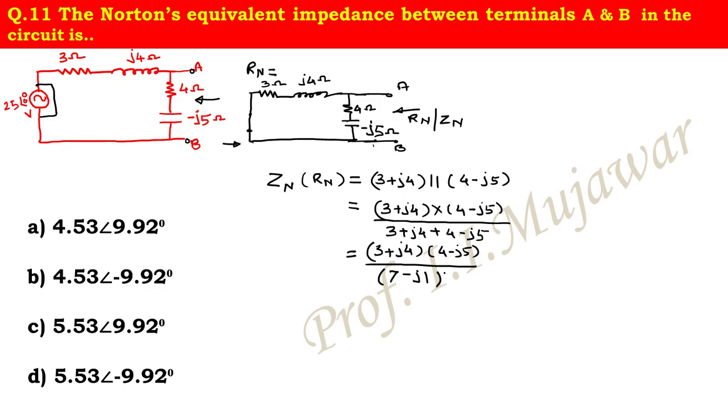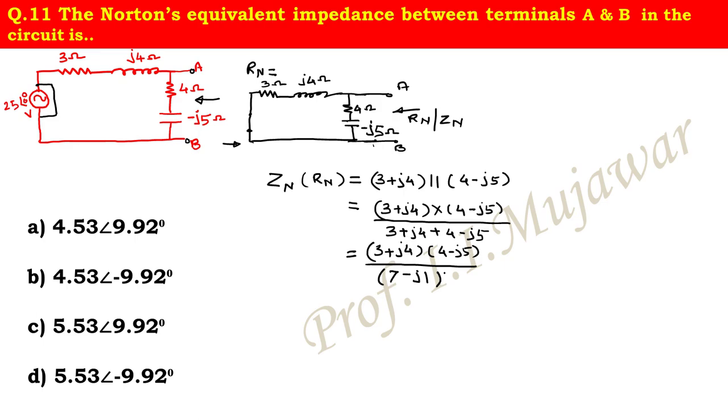So let us select the mode as complex. Then the first bracket in the numerator is 3 plus 4i, complete the bracket. In the second bracket, 4 minus i, complete the bracket, divided by, in the denominator you have 7 minus i, complete the bracket.